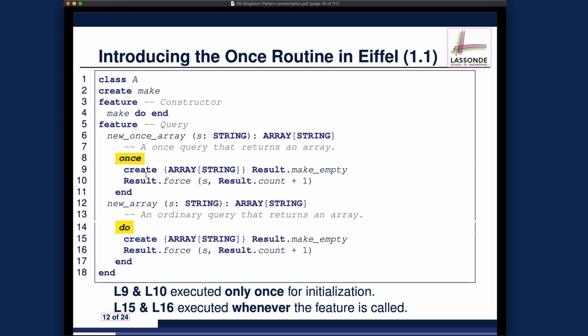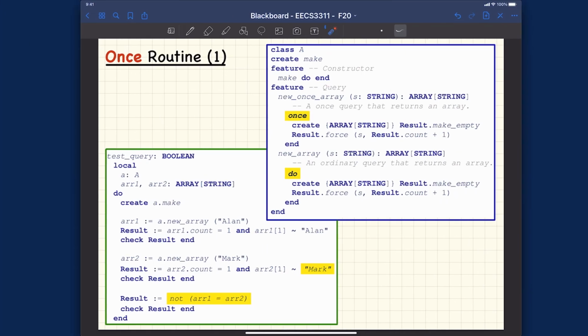Now let me switch to the iPad and tell you what the difference really is between a once routine versus a normal routine. Let's switch to the iPad to actually see how the program works. Let's focus on the normal routine just as a quick review on how they should behave. We're going to focus on this particular new array routine, which takes an input string and returns an array.